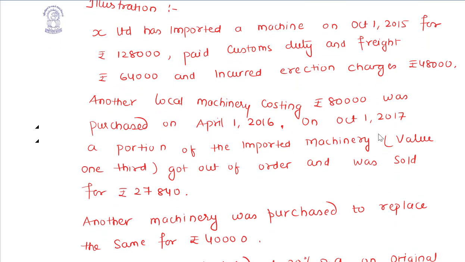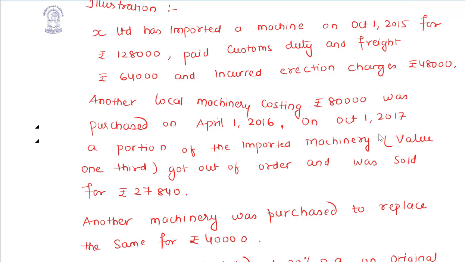Just refer to it once more. X Limited has imported a machine on 1st October 2015 for 1,28,000, and customs and freight paid was 64,000, and erection charges were 48,000.